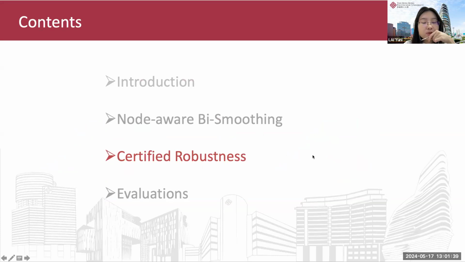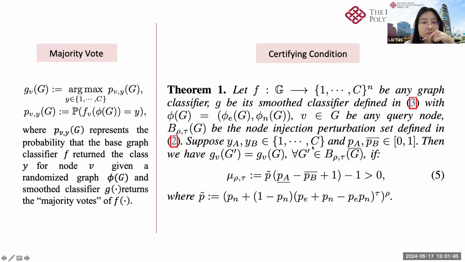Next, let me briefly introduce the procedure of obtaining certified robustness. With node-aware bismoothing, we build a smooth classifier that returns the majority vote over random graphs. In our paper, we have provided the certifying condition mu rho tau.